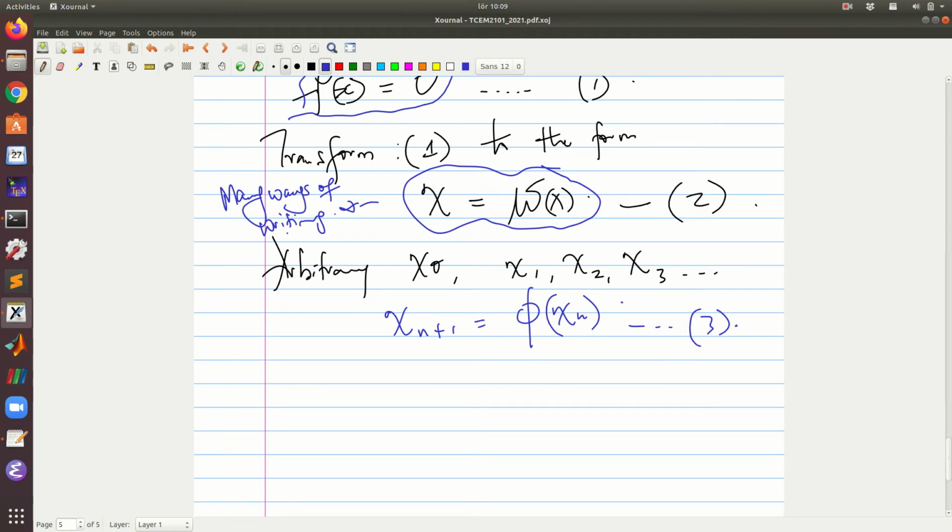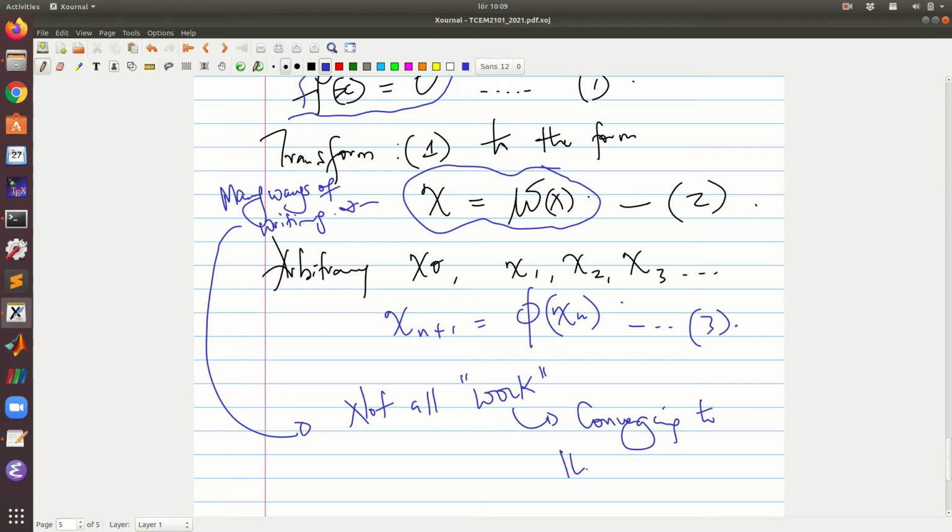However, not all these forms are going to work in the sense of converging to the solution.